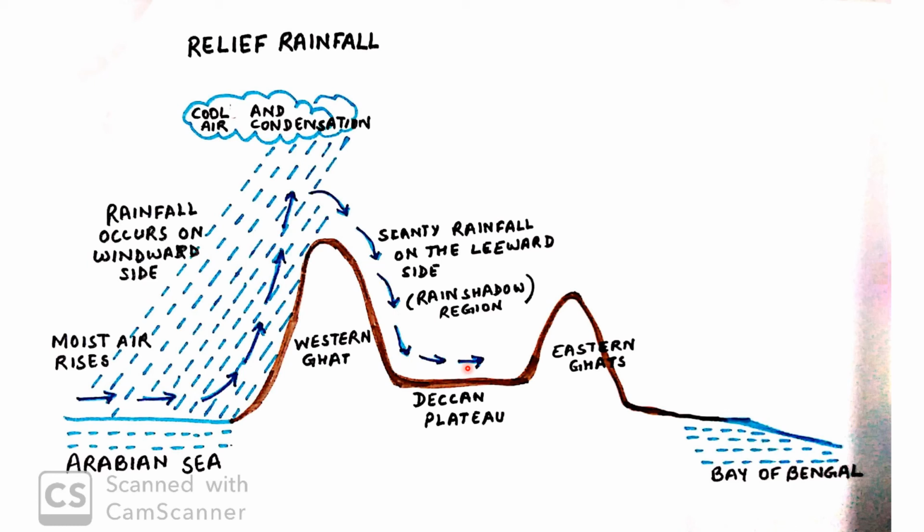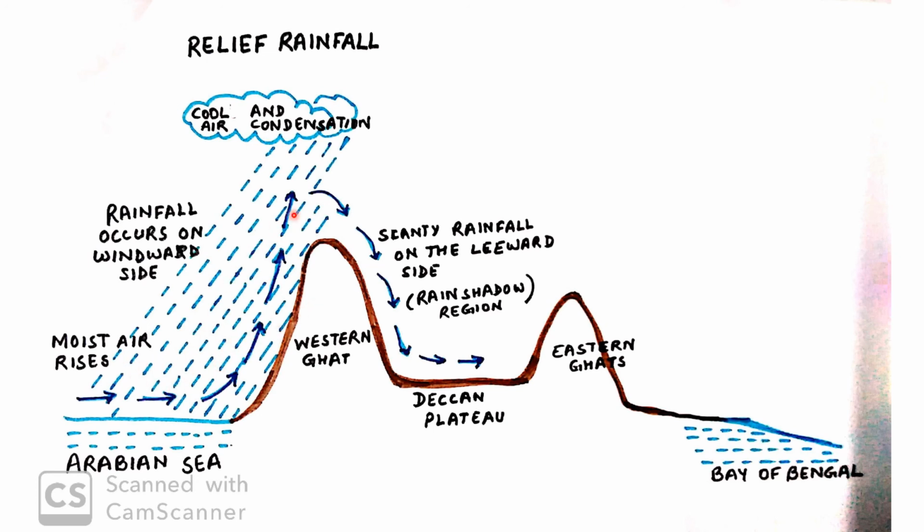So the Deccan Plateau receives scanty rainfall, and by the time these winds reach the Eastern Ghats, they become absolutely dry and give no rainfall to the Eastern Ghats. So from the southwest monsoons of the Arabian Sea branch, the area which receives rainfall is the western, or windward, part of the Western Ghats.